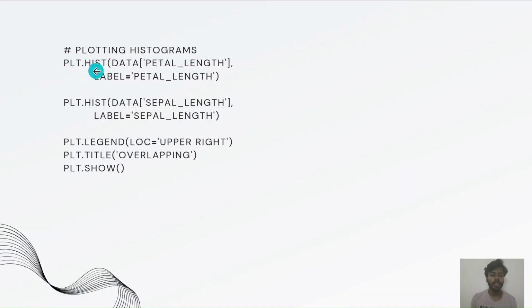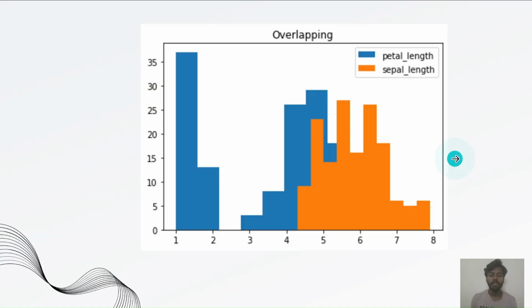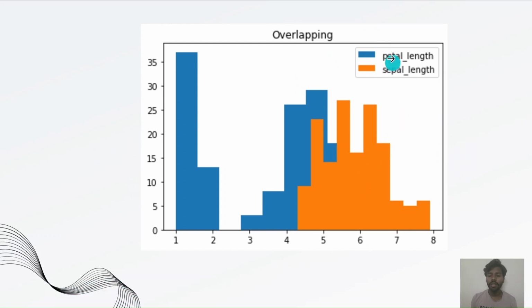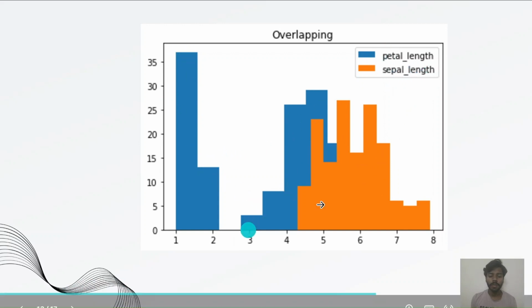First we plot histogram of data petal length, label assigned petal length, then histogram of data sepal length, label assigned sepal length, then plt.legend upper right, then plot title overlapping, then show. So we get the overlapping like this, as you can see. Here sepal length is denoted by orange color and petal length is denoted by blue color.